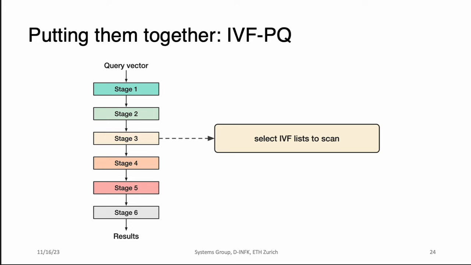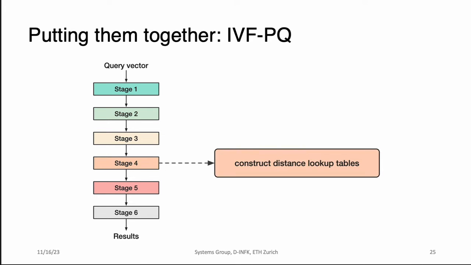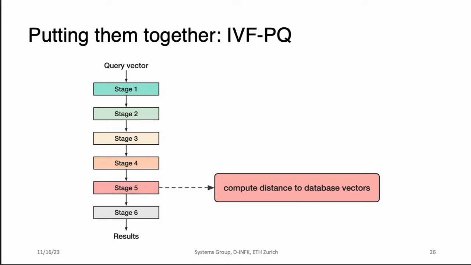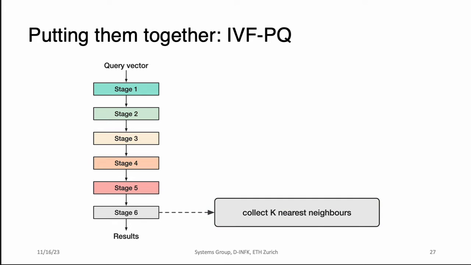Then we select a subset of lists to scan, which are close to the query vector. After that, we construct a distance lookup table per list for fast distance estimation. We then compute the distance between query vectors and the database vectors. Eventually, k nearest neighbors are collected and returned to the user.